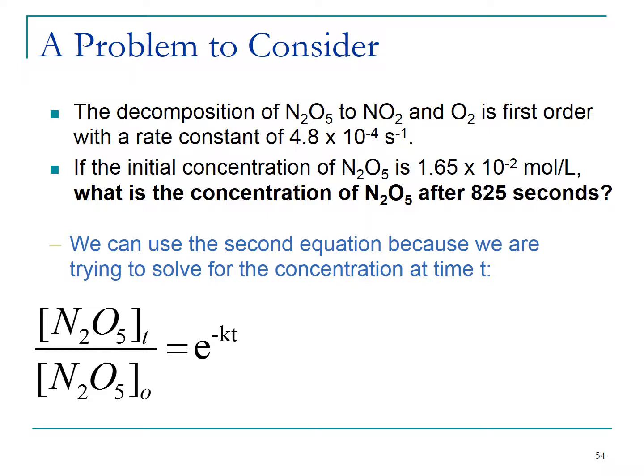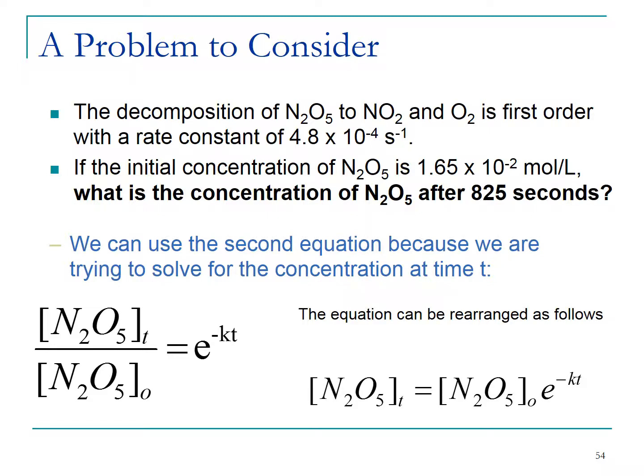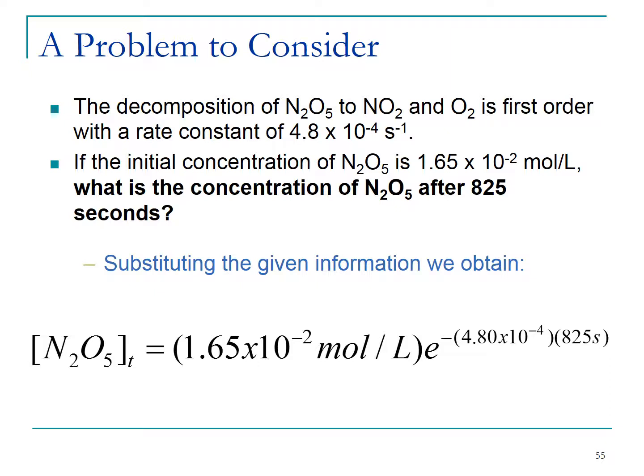We know the initial concentration, N2O5 naught at time 0, is 1.65 times 10 to the minus 2, and so we're going to solve for the concentration at time t. So if we rearrange it, the concentration N2O5 at time t equals the concentration at time 0 times e raised to the negative kt. And then if we just plug in, we get this equation.